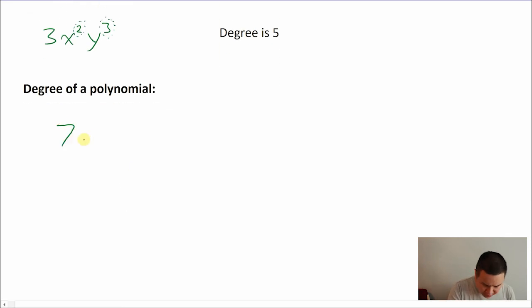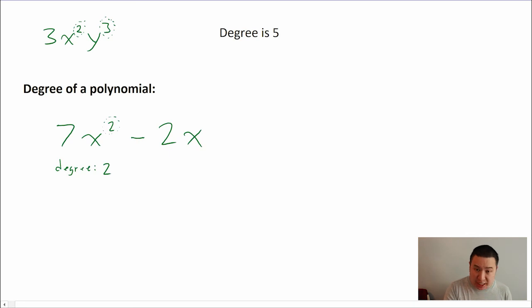We have 7x squared minus 2x. That's my polynomial. Let's take a look at this first term, this 7x squared. It has a degree of 2.